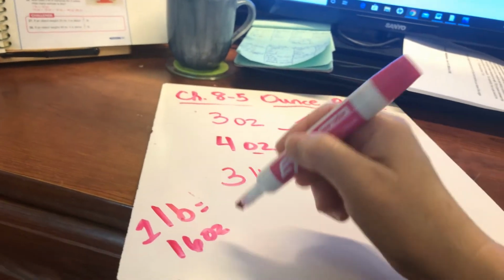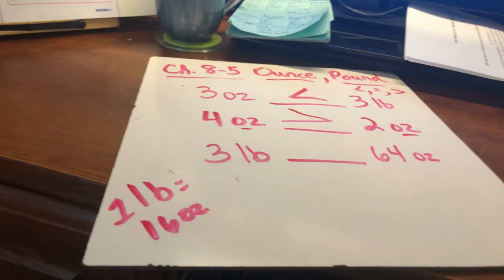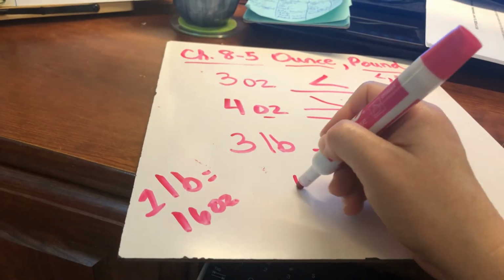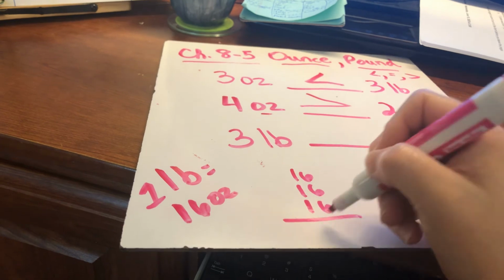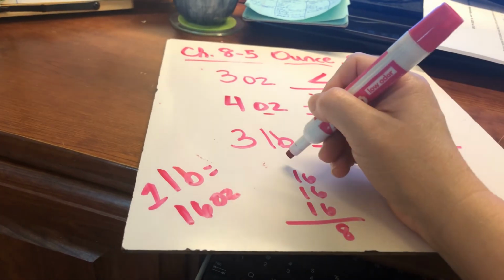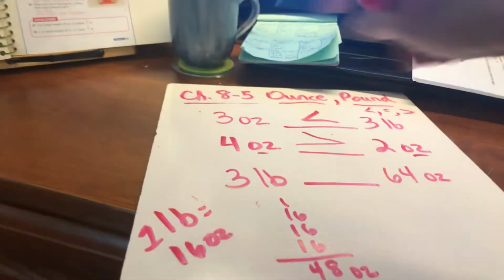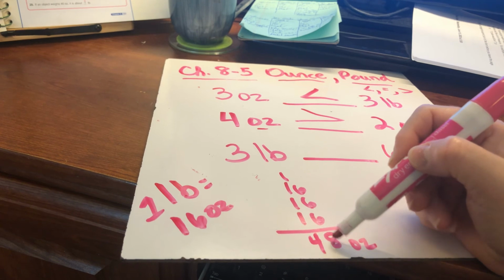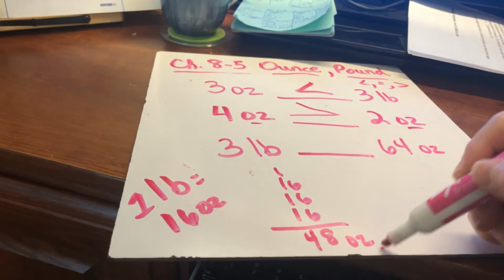So if 1 pound equals 16 ounces, how many ounces does 3 pounds equal? 3 times 16, or 16 plus 16 plus 16, which we already did as 48 ounces on the previous board. 3 times 6 is 18. Put down the 8, carry the 1. 1 plus 1 plus 1 plus 1 is 4, so it's 48 ounces.